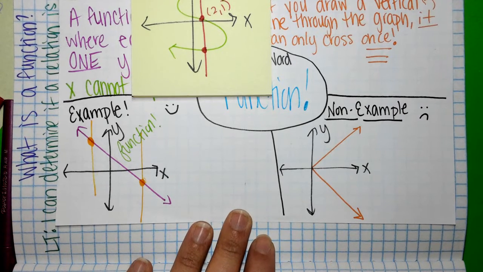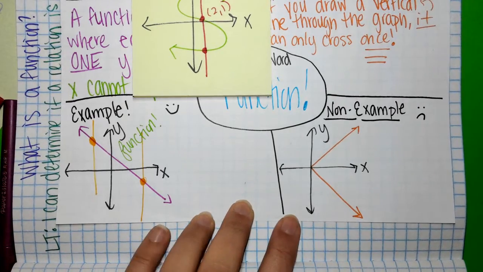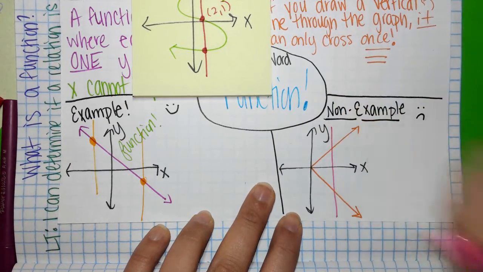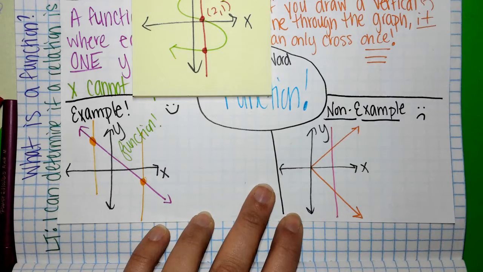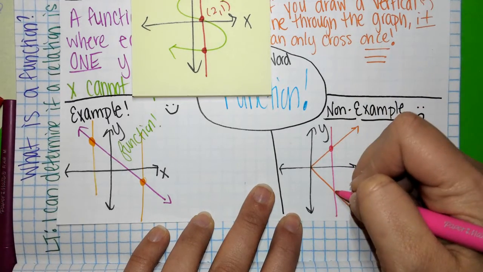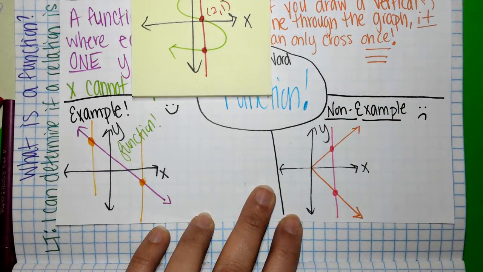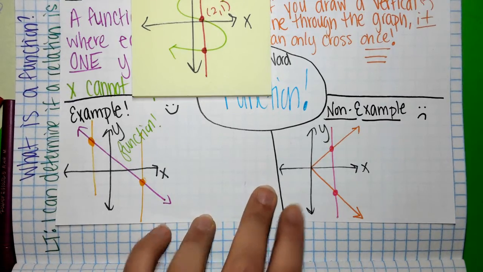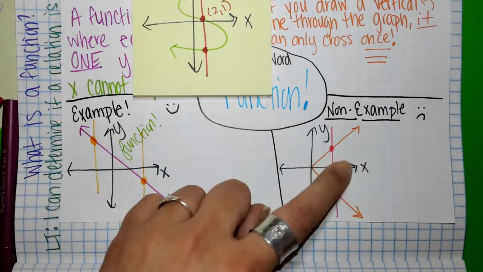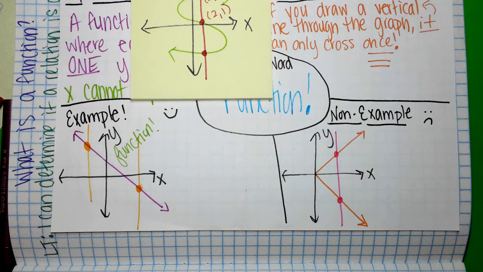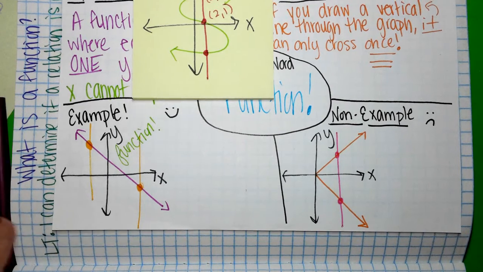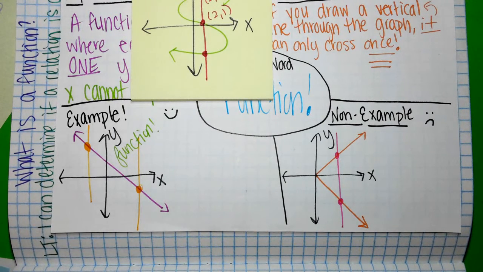Ready? Take your third color. We're going to draw a vertical line. How many times did it hit? 3. You counted the axis, and that's okay. Just remember, it's got to hit the colored line. So that's not an example. That's not a function.